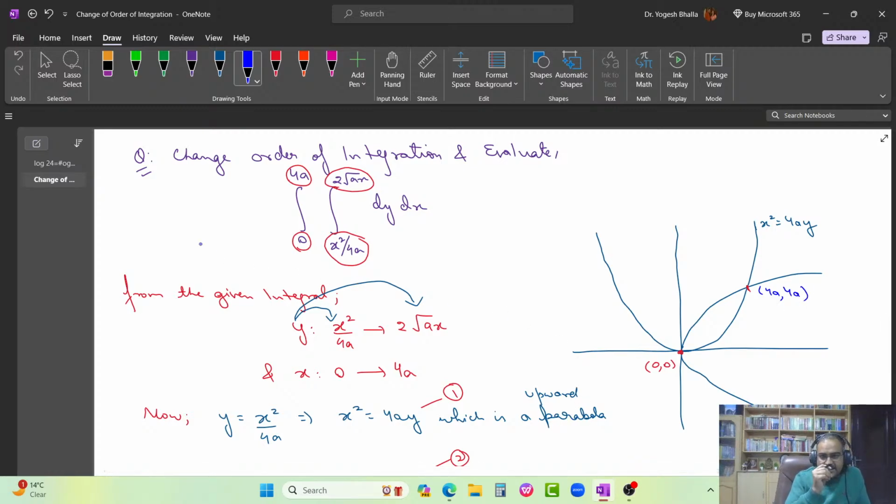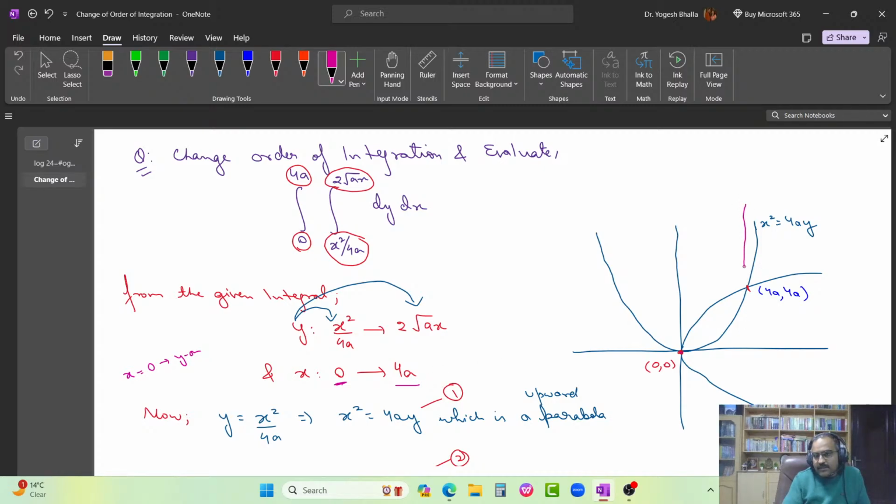Now these are the limits of y. Coming to the limits of x, x varies from 0 to 4a. So x equal to 0 is a line, that is the y-axis, and x equal to 4a is a line parallel to the y-axis.